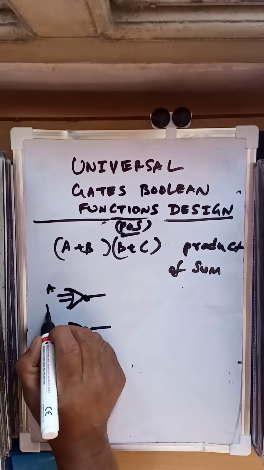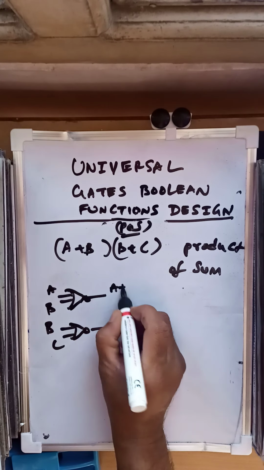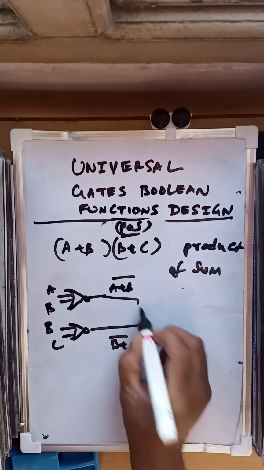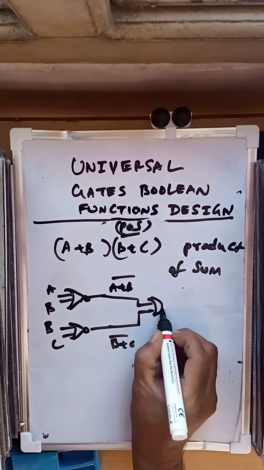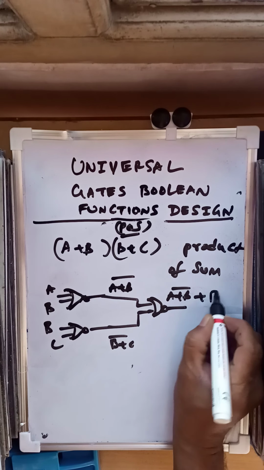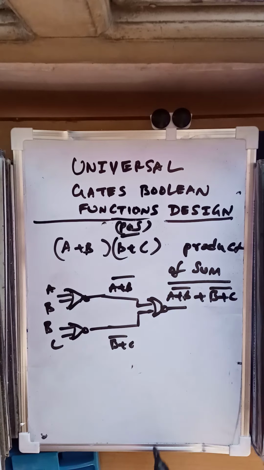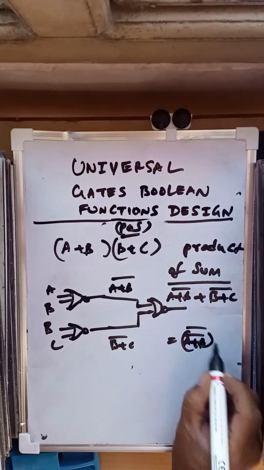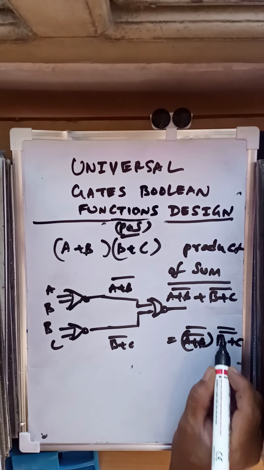This is A and this is B and this is B and this is C. That means this is A plus B whole bar, this is B plus C whole bar. And a NOR gate, and this is A plus B plus B plus C whole bar and whole bar. Now as per De Morgan's law, B plus C whole bar whole bar.